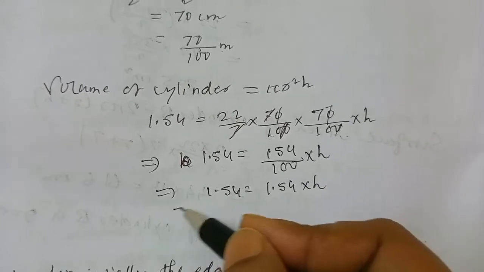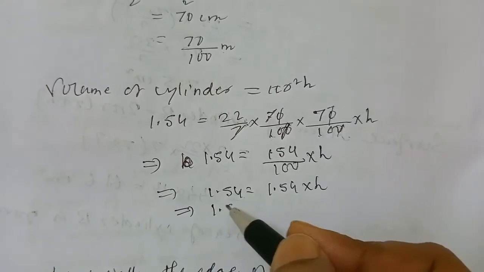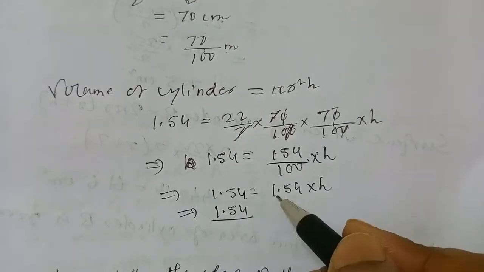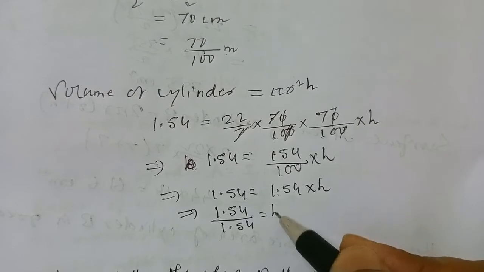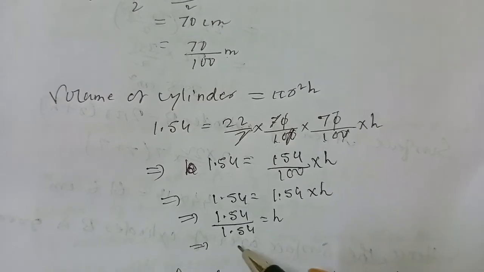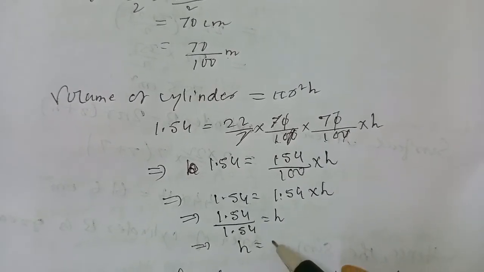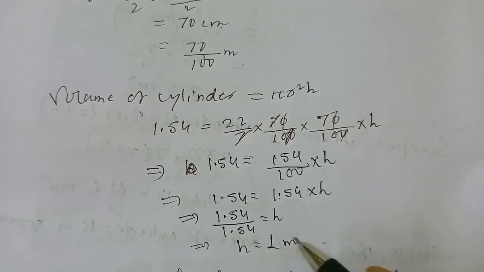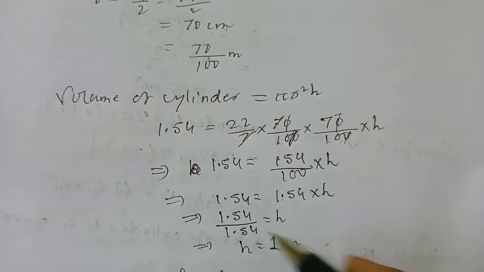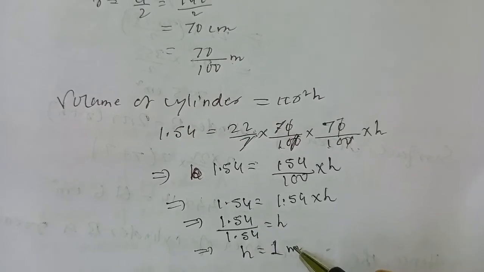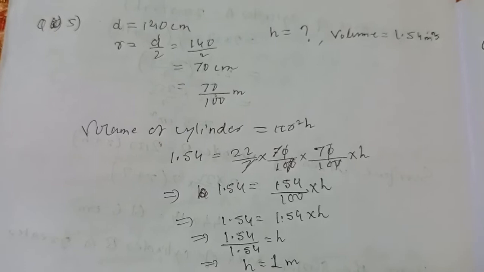So this 1.54 divided by this 1.54 will come down, 54 equal to h. Okay. So this h equal to 1 meter. Height is 1 meter because this will cut. 1.54 divided by 1.54 is 1. So height equal to 1 meter. Understood? So this is the solution of this question. This is the height.